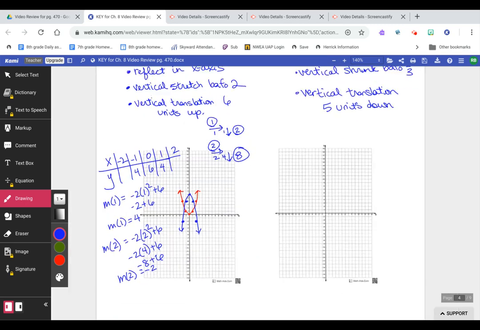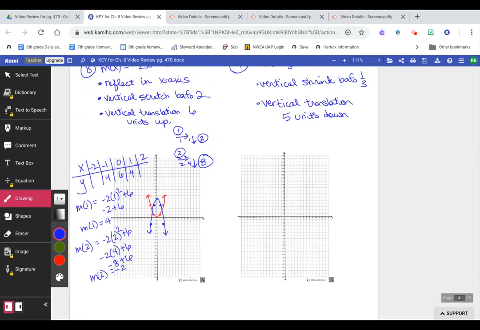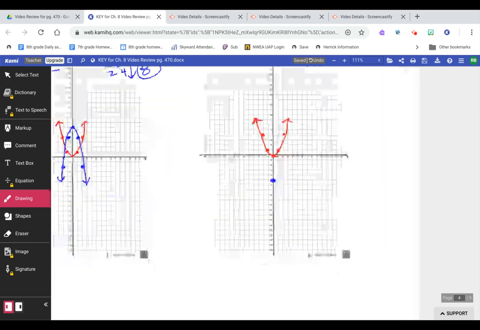So since we're going to translate it 5 units down, we are not going to start at 0, 0, but instead we will start at 0, negative 5. So that's your parent function. We'll start at 0, negative 5. And we can do the shortcut.